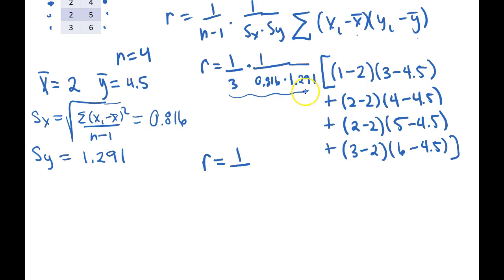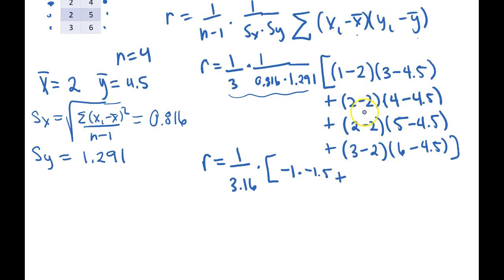All right, so what I get from this then, R is equal to 1 times, and let's go ahead and multiply these things together. So 3 times 0.816 times 1.291 is equal to 3.16. And this is then times what we get from over here. 1 minus 2 is negative 1, negative 1 times 3 minus 4.5 is negative 1.5.